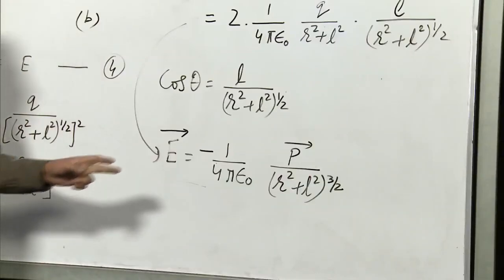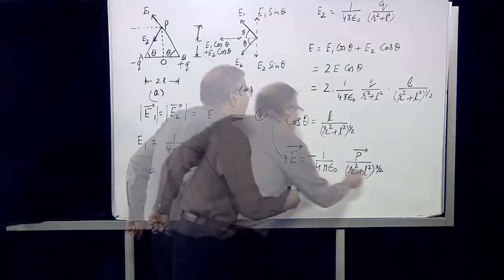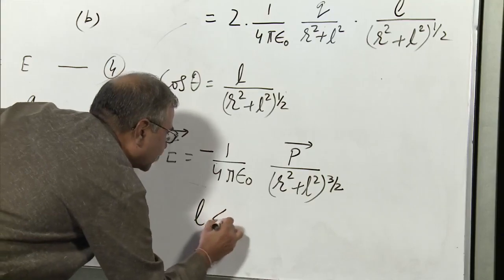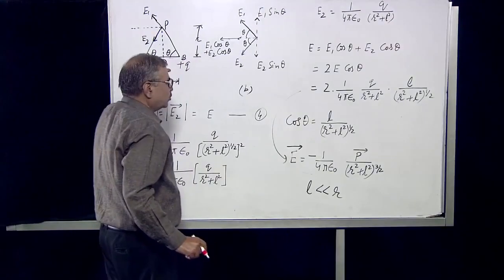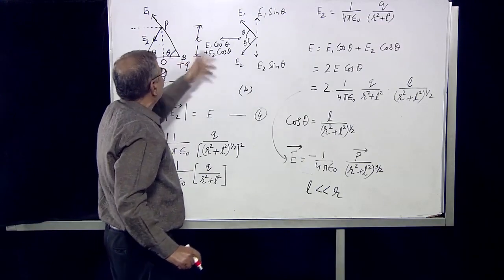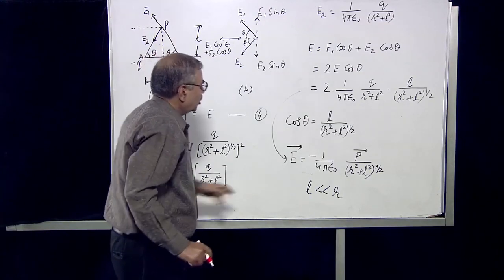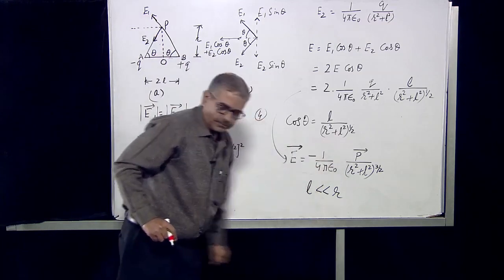Now, let us take the special case when L is very, very less than R. We already know that the separation between the two charges is very, very less as compared to this distance R. So, what will happen to this equation?